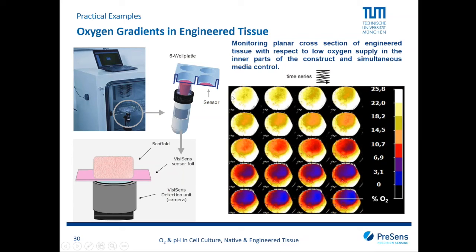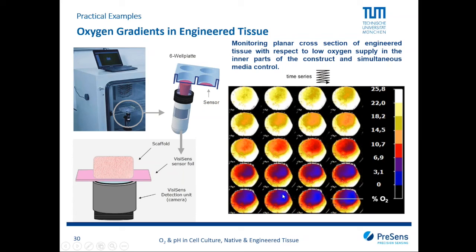At the beginning, you can see here this outer part is the media oxygenation, so it's pretty high, and here it's displayed as % oxygen, so this is air saturated. And as you place the scaffold on the foil, you see that the cells start consuming the oxygen, and over a time course, at a certain point, all the oxygen from the inner parts of the scaffold is breathed away, and you get these hypoxic regions.